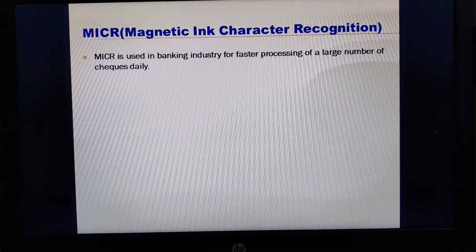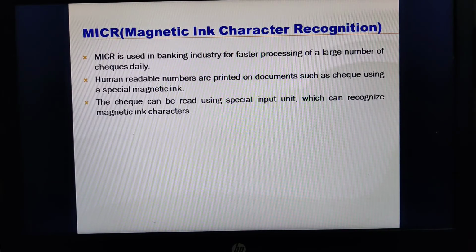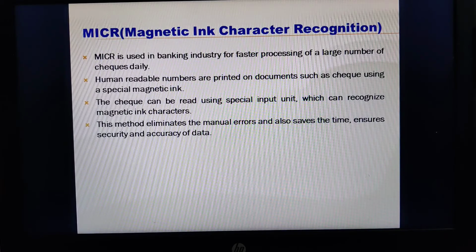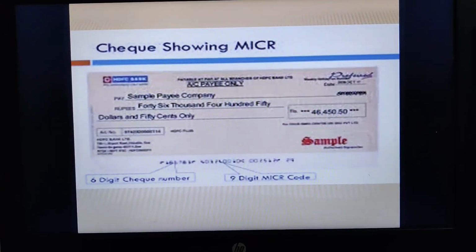MICR is extensively used in the banking industry for the faster processing of a large number of checks daily. Certain human readable numbers are printed onto documents such as checks using a special magnetic ink. In order to process those checks, MICR input devices are used.